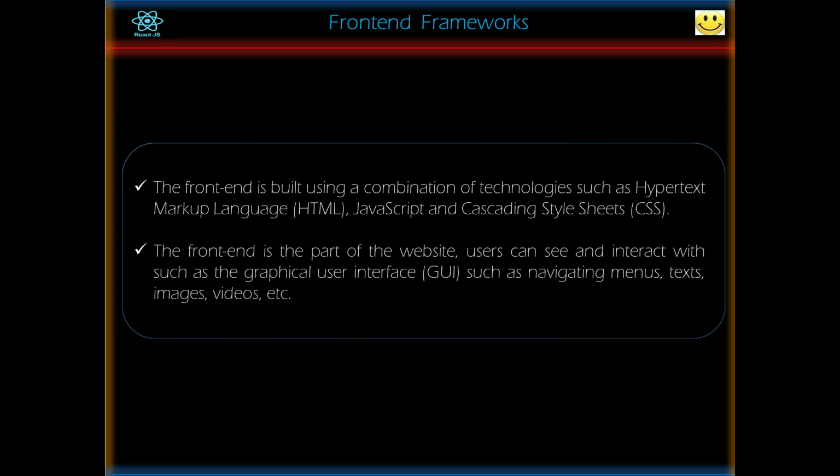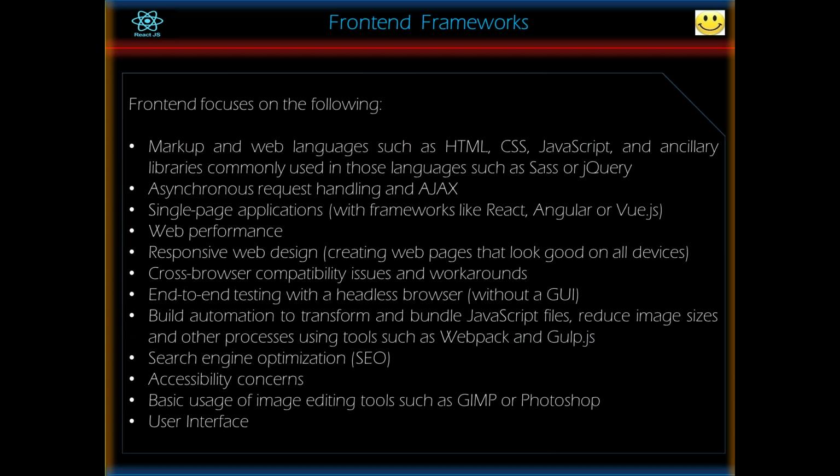The front end is the part of the website users can see and interact with, such as the graphical user interface, navigating menus, text, images, videos, etc. Front end focuses on the following: markup and web languages such as HTML, CSS, JavaScript, and ancillary libraries commonly used in those languages such as SASS or jQuery.